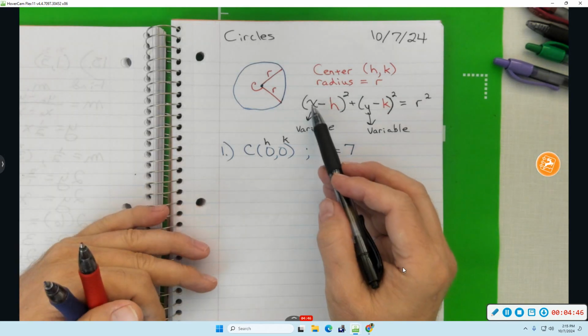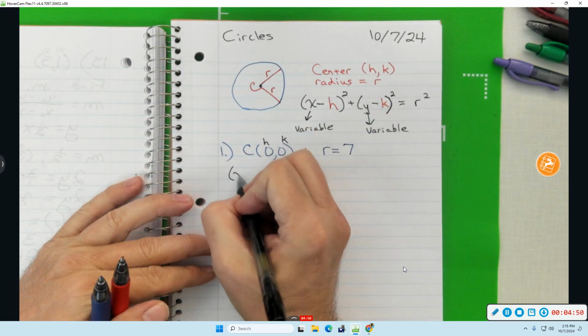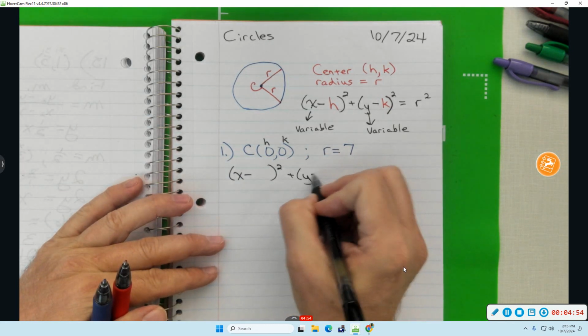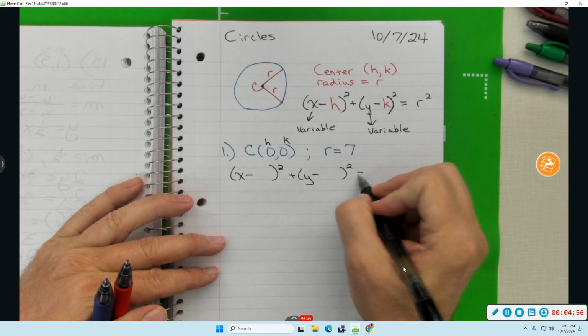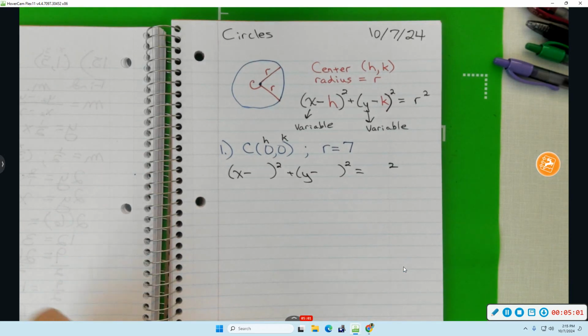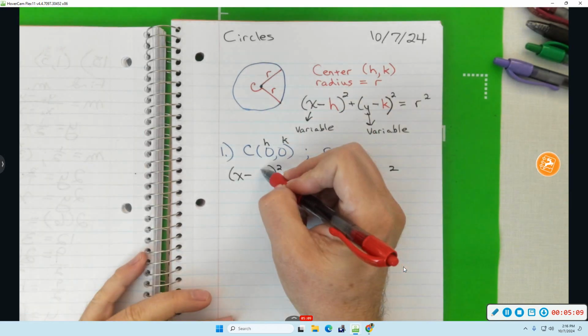So we know that we have an x minus, we have a y minus. So I'm going to write that x minus plus y minus. And that's just a matter of filling in the blanks where the numbers go. The h value, the x coordinate of the center, is 0.